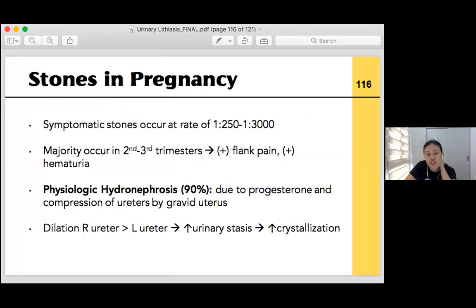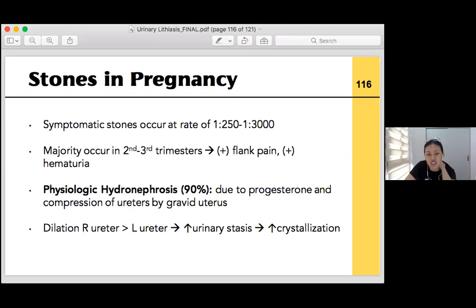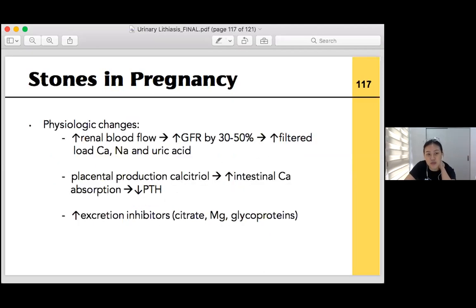So around 90% of pregnant women present with physiological hydronephrosis, either due to progesterone or the compressed ureters by the gravid uterus, and dilation occurs more commonly in the right than the left ureter, which leads to urinary stasis and crystallization.